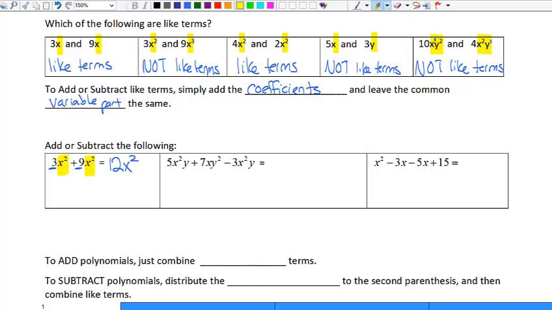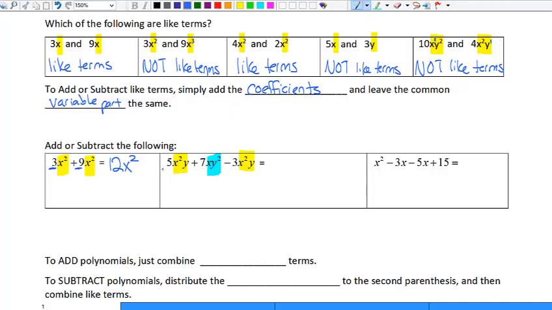Alright, let's take a look at this. On the next one we have three terms. We have x squared y. Is there any other term that also says x squared y? Well, it looks like the third term has x squared y. The middle term has xy squared, which is not like terms, so I'm going to highlight it in a different color.